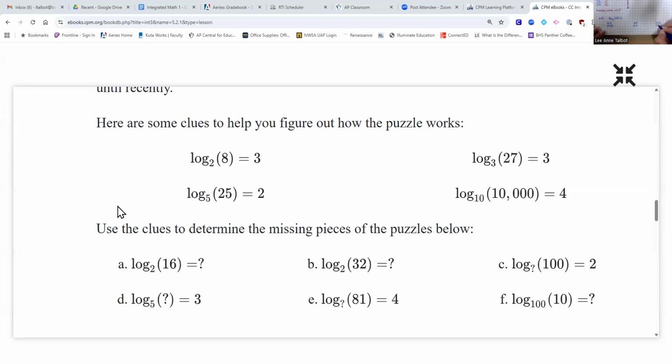To the something. Five to. It would be 5.